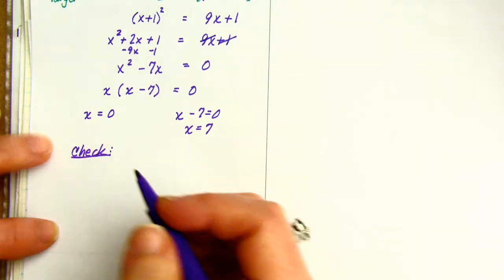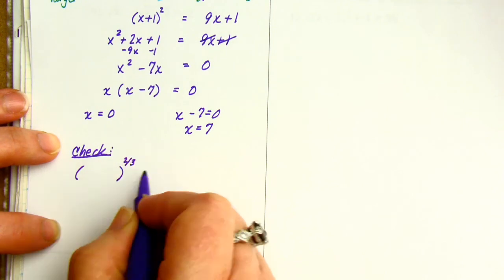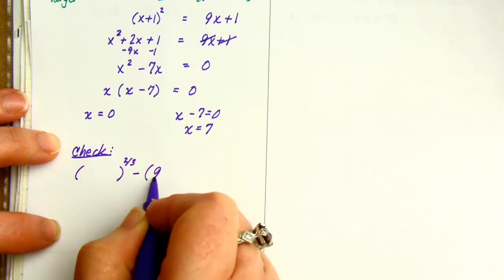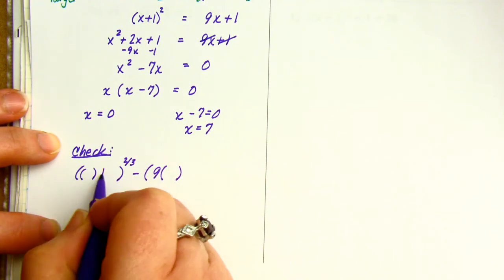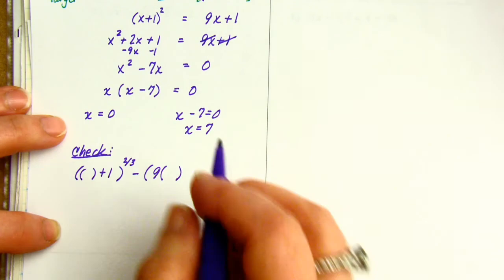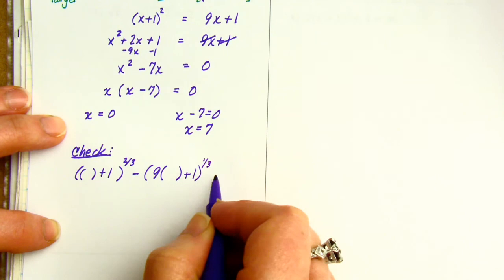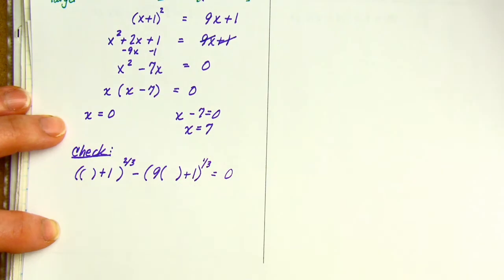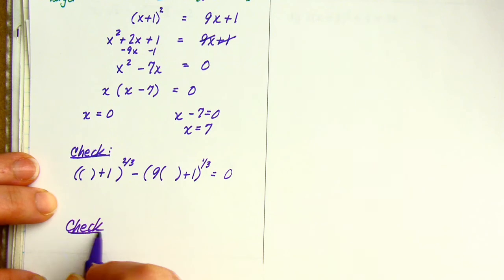We're going to go into the original. I like to set it up. I'll put a parenthesis here for x. So there's my x plus 1 to the 2/3 minus 9 times x plus 1 to the 1/3 equals 0. And I'm going to do this twice because I have two solutions.